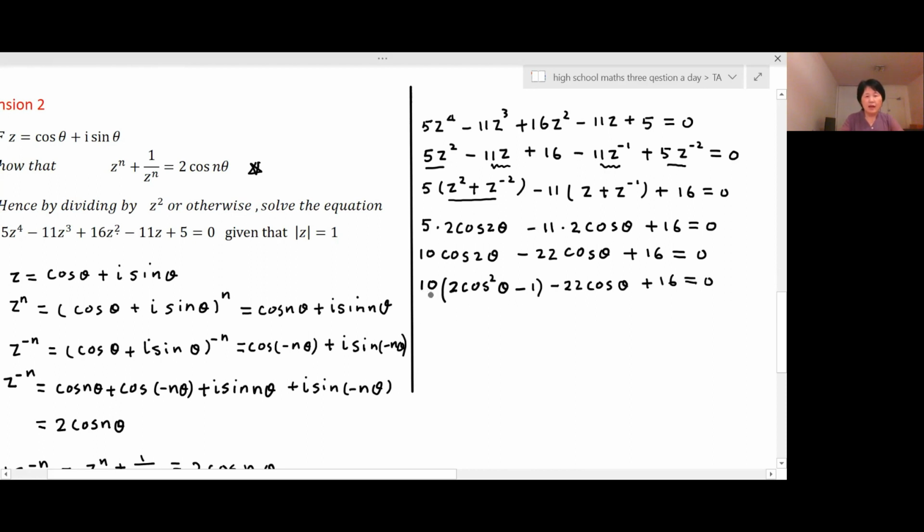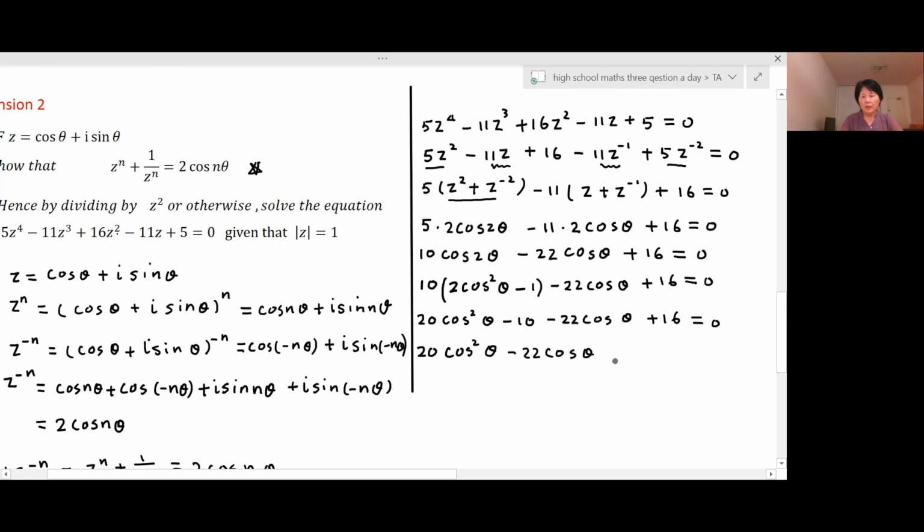Okay, now 10, I take out the bracket, will give me 20 cosine squared theta minus 10 minus 22 cosine theta plus the 16 equal to 0. Okay, so I rearrange now. So 20 cosine squared theta minus the 22 cosine theta.